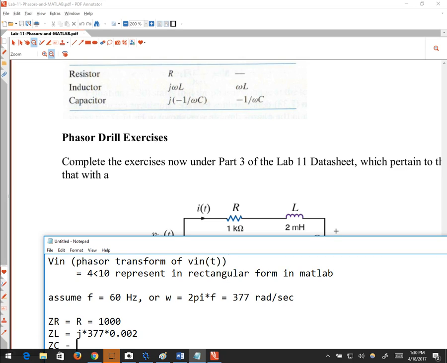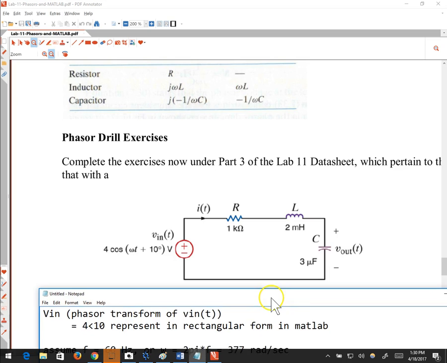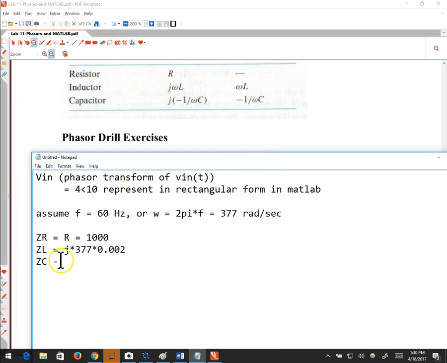And our ZC, with 3 microfarads, is minus j over omega C, which is minus j over 377 times 3 microfarads, which is 3 times 10 to the minus 6. And in MATLAB, you can represent that as 3e minus 6.